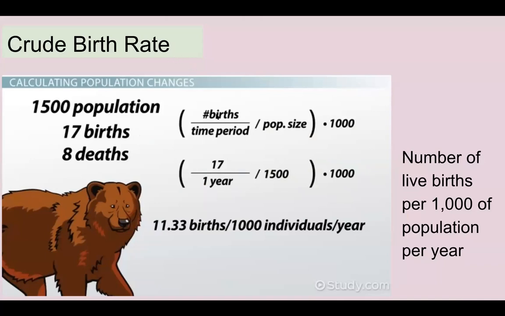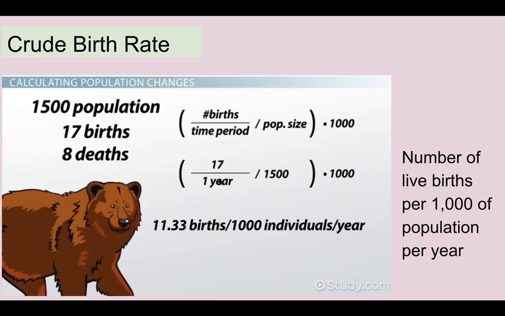So the simple equation is the number of births divided by the time period, and then that answer divided by the total population size. And then to get your birth rate, you just multiply that answer by 1,000. So for example, using the data in this diagram, the number of births was 17, and our time period is 1 year.